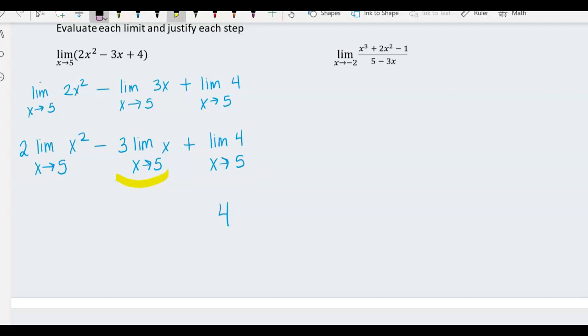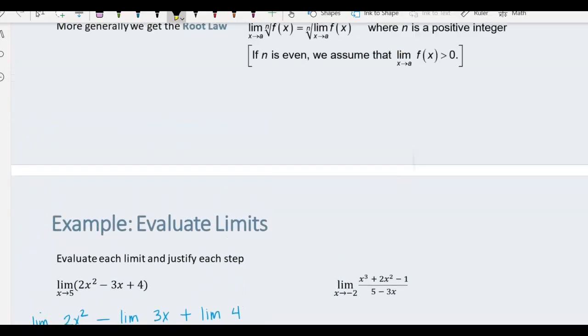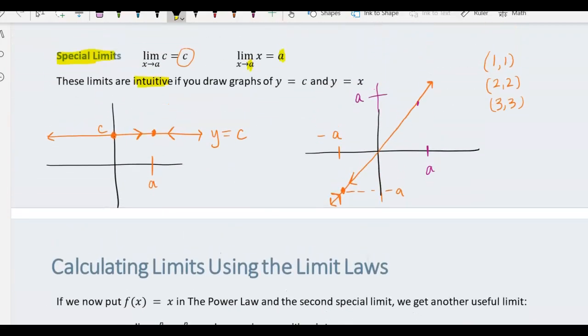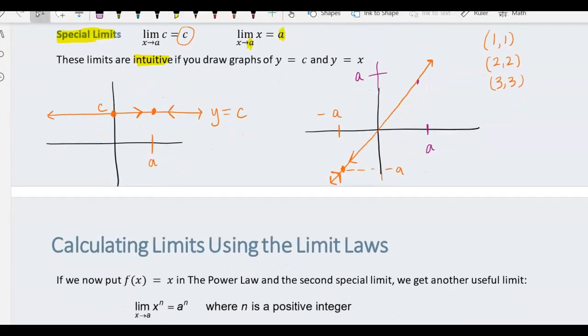For this one, we're looking at the line y equals x. And so similarly, whatever value we plug in, that's going to be the output value. If I plug 5 in, I'm going to get 5 as the output value. These are the examples we were just looking at on the slide here, these special cases.